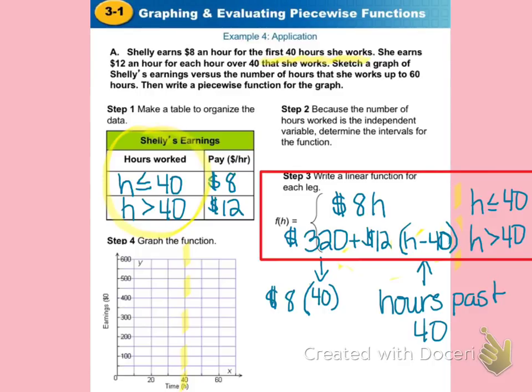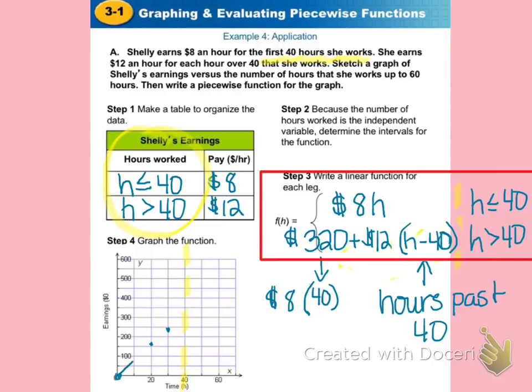So if Shelley worked 0 hours, then she'd get paid $0. But if she worked 20 hours, 20 times $8 is $160. So that would be maybe like right in here. And then if she worked, say, 30 hours, 30 times 8 would be 240. So there'd be 30 hours and 240, maybe right here.